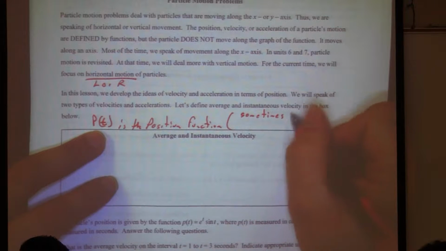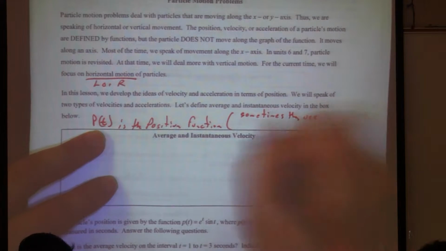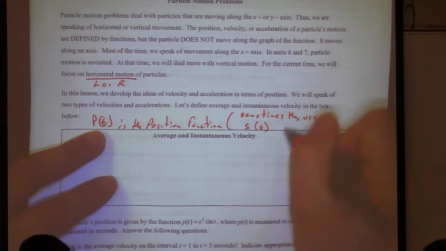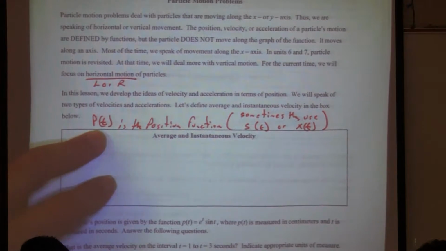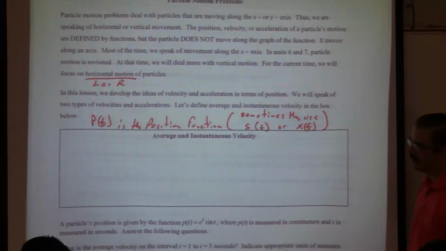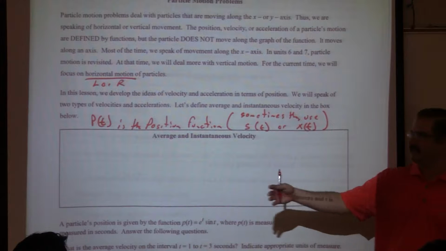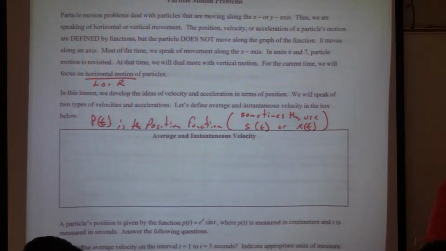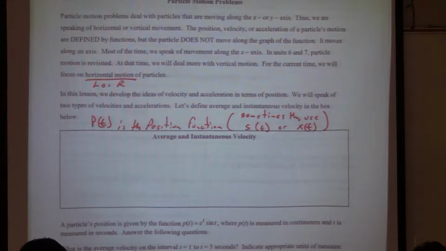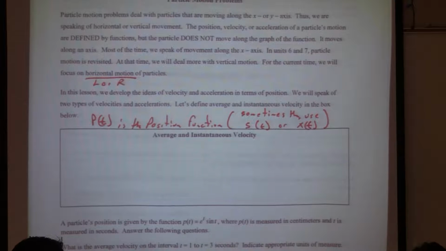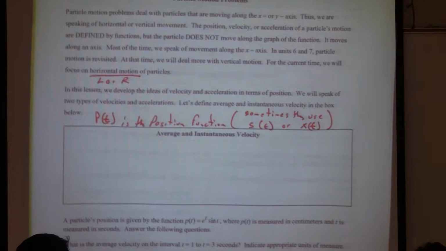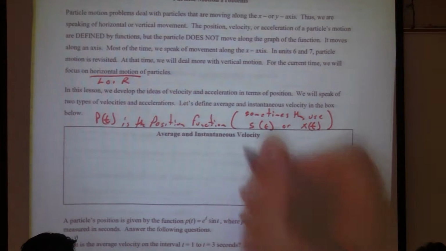Sometimes they use s of t or x of t. How do you think they would use x of t? Right, because it's a movement on the x-axis, left or right. So for our purposes, we'll use p because I think it relates to position, but I don't know. Sounds good? Yes? All right.